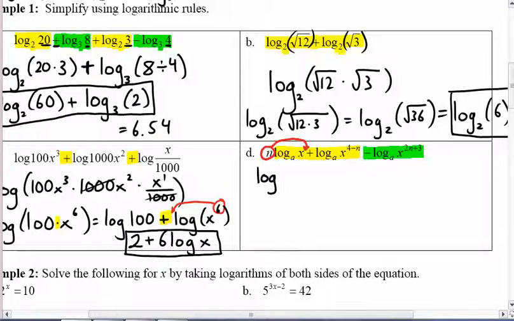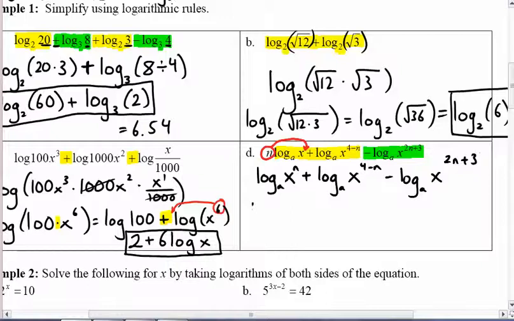So this would be log base a of x to the n, log base a of x to the 4 minus n, and log base a of x to the 2n plus 3. So now we just have 3 log terms with no coefficients.